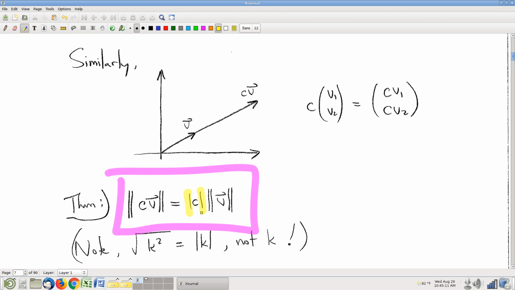Well, suppose c were negative, this being a magnitude is by definition positive, and this being a magnitude is by definition positive. And so it just wouldn't do to have this be negative. And since it would be a problem if we just chose to put c in there, we're going to choose to put absolute value of c in there to avoid the contradiction.